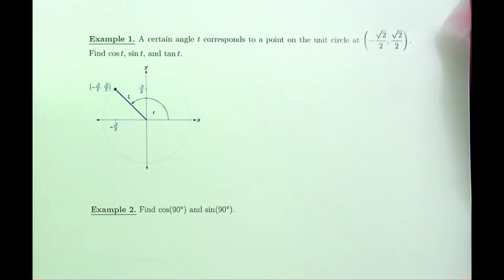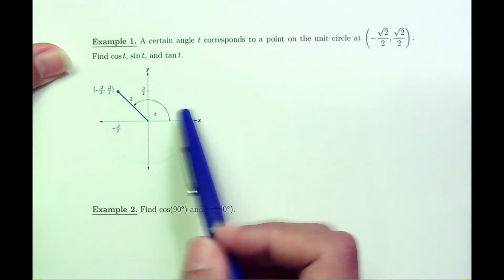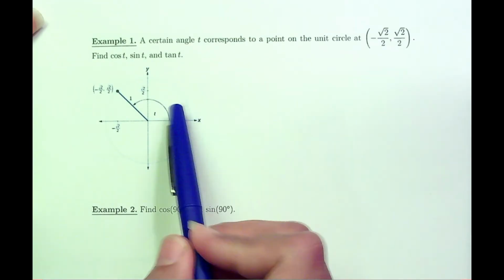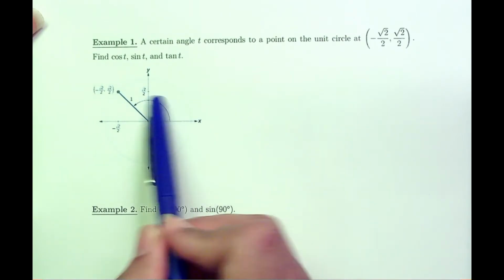All right, so with that said, let's do our first example. A certain angle t corresponds to a point on the unit circle at negative square root of 2 over 2, comma, square root of 2 over 2. Find the cosine, the sine, and the tangent of this angle. If you draw a picture, you have the angle.